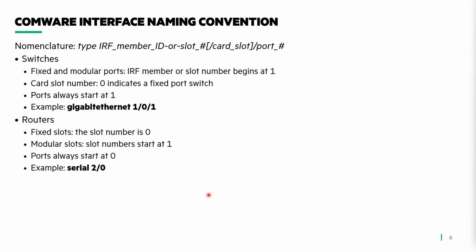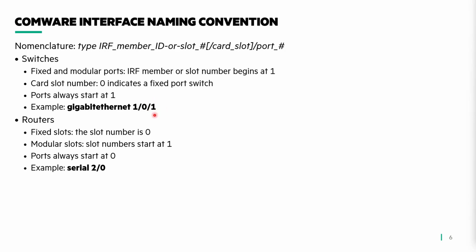The naming convention with these switches comes with the member ID, slot number, and port number, if you like. Now it depends if the switch or the router is modular. Normally the member ID by default is 1 here. Then the slot number 0, that's a default. If it is modular, obviously you can see slot 1, slot 2, and then that's the interface of the line card inside that slot.